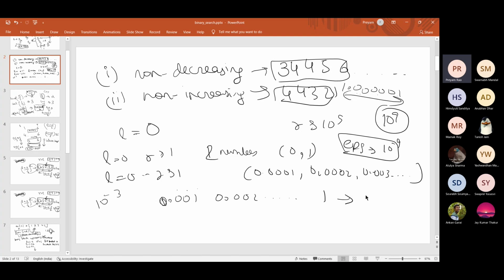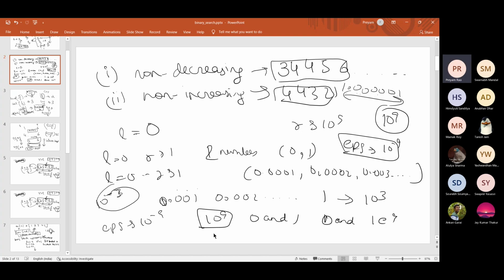So there are 10 power 3 numbers at epsilon 10 power minus 3. Since epsilon is 10 power minus 9, there are 10 power 9 numbers between 0 and 1. So between 0 and 10 power 9, there are 10 power 18 numbers. Since we are looking in a search space of 10 power 18, you can think of it as exactly the same as normal binary search.